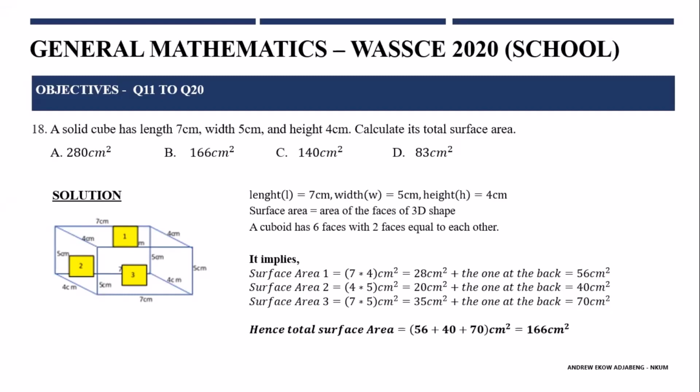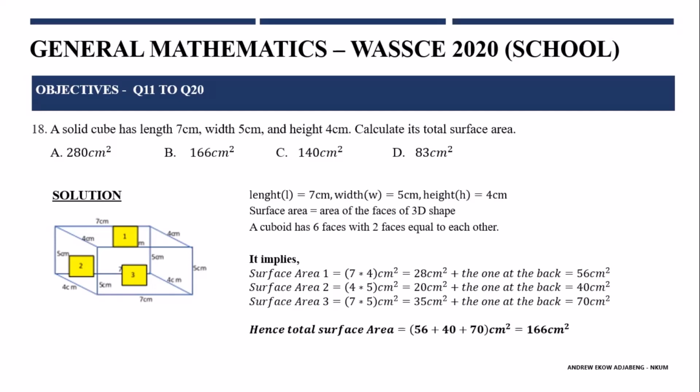And that results in 20, and the 1 at the back giving us 40 centimeters squared. The surface area for the next face is 7 times 5, which is equal to 35 centimeters squared, plus the 1 at the back, giving us 70 centimeters squared, because it's 35 plus 35.